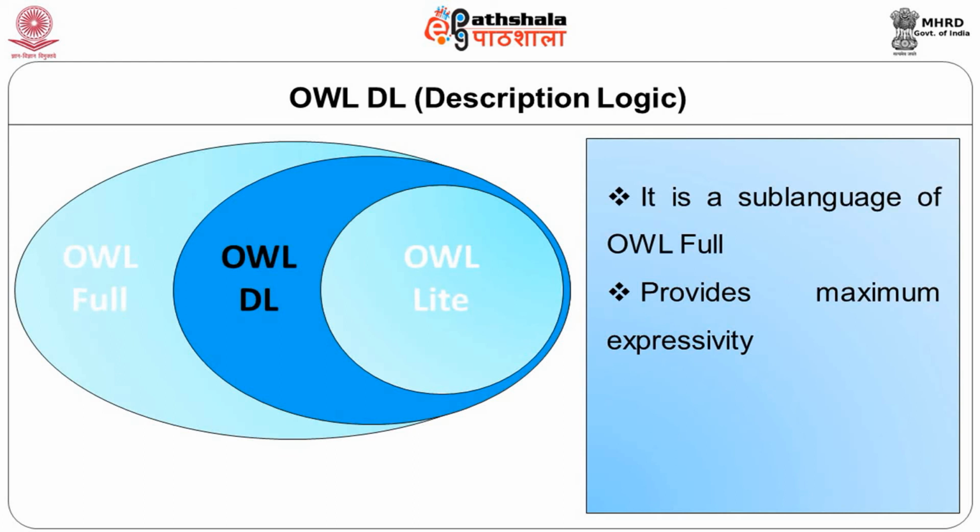It provides maximum expressivity while retaining computational completeness, that is, all conclusions are guaranteed to be computable and decidable. It includes all OWL language constructs with certain restrictions. It permits efficient reasoning support, but the only thing is that we lose full compatibility with RDF, because RDF is quite free, whereas in OWL DL there are a lot of restrictions or constraints you can apply.